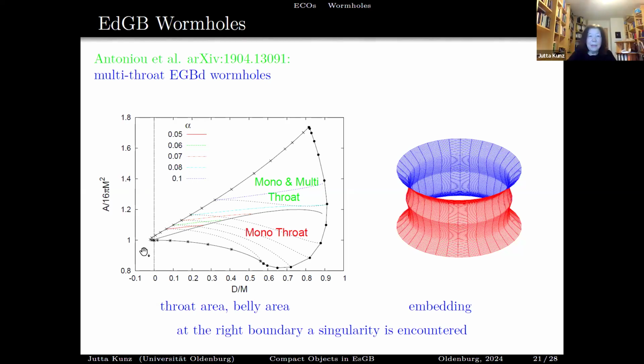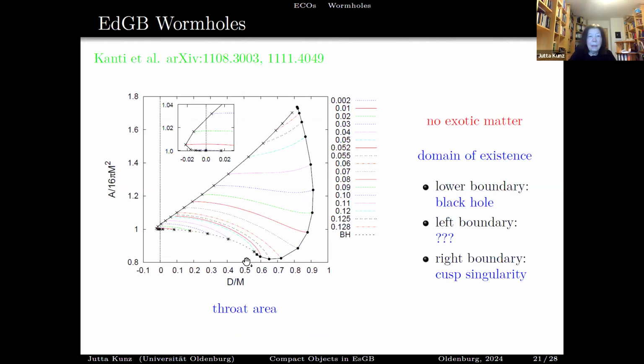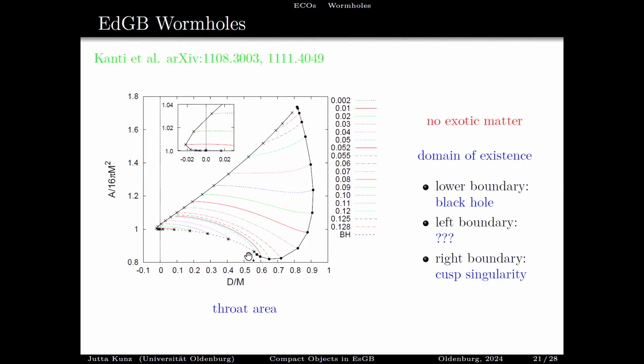When you see the bounds here, there's just this line here, or here, the dotted line, then this is always just in that type of diagram where we have the black holes. So with a minimum mass, is that right?